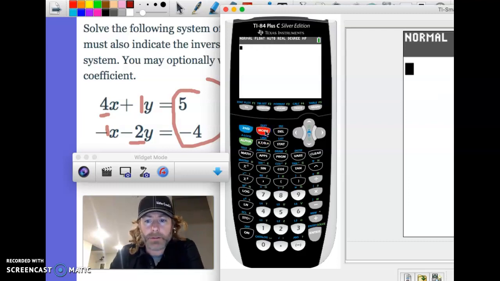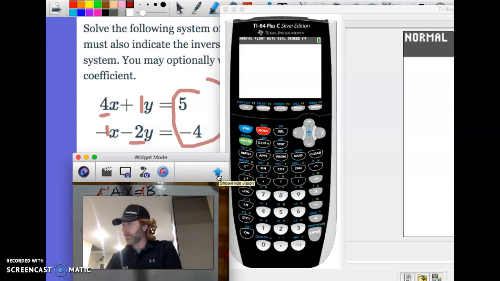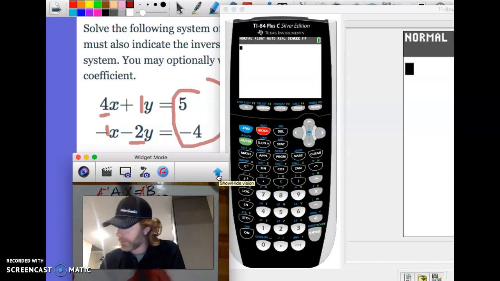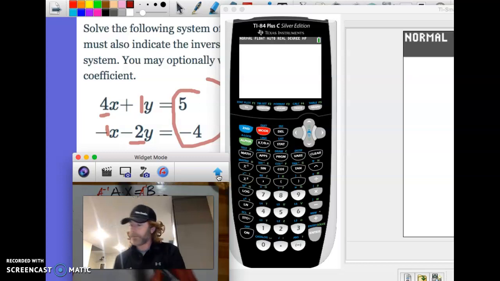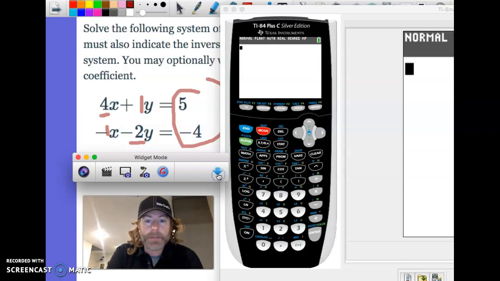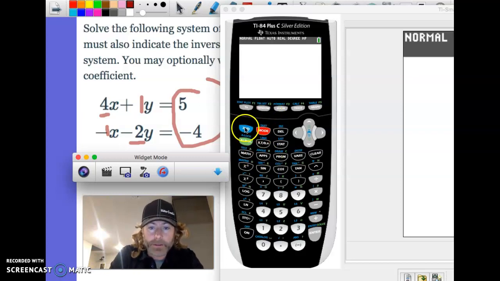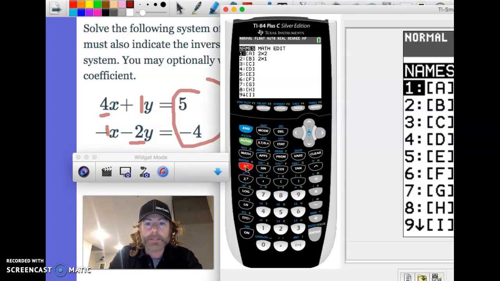And now ultimately what I want to do here, you guys, is I want to take this matrix, find the inverse of it. Let's call that A, because that's my A matrix, inverse of that, and multiply it by this one. I called that one B. So I want to find the inverse of A times B. And I can do that by using my calculator. I go like this. I go second matrix.